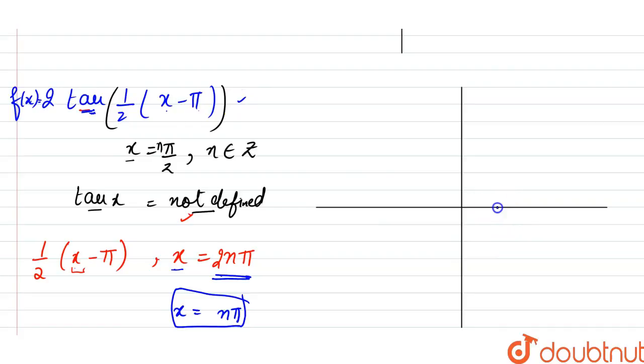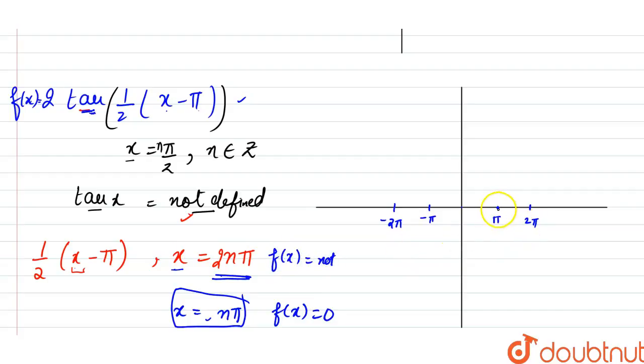Now let's say this is the point pi and this is 2 pi. Here it is minus pi, it is minus 2 pi, and this is the point 0. So the function is attaining the value 0 at pi, and here the function is not defined.